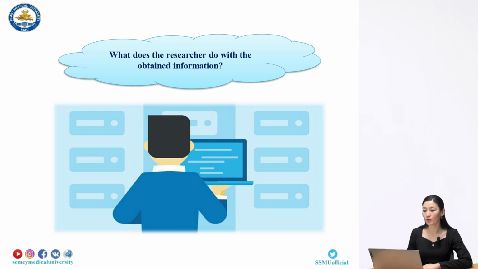Usually, the main goal of any research is to obtain information about the studied objects or phenomena. The unit of observation is what or whom we study. For example, if the observation unit is a student studying throughout the entire period at a medical university, then the object of observation is all the students of that medical university.